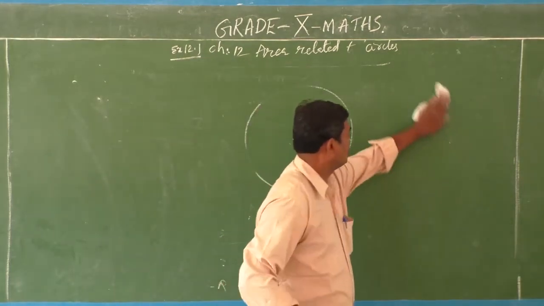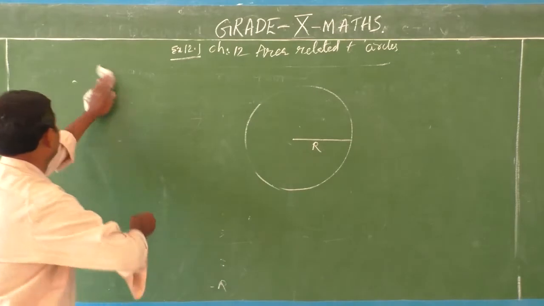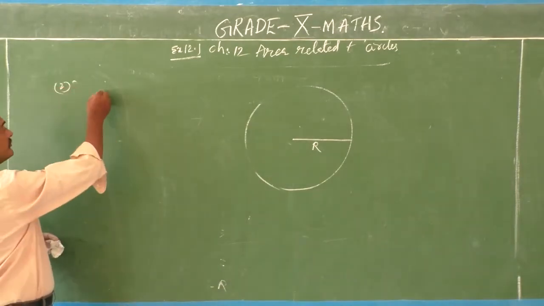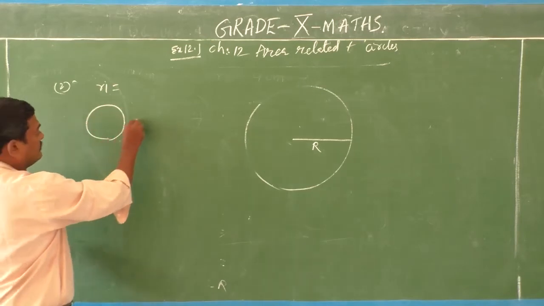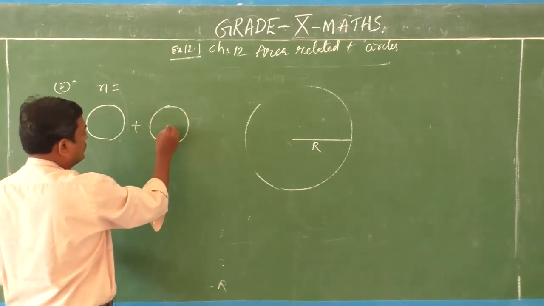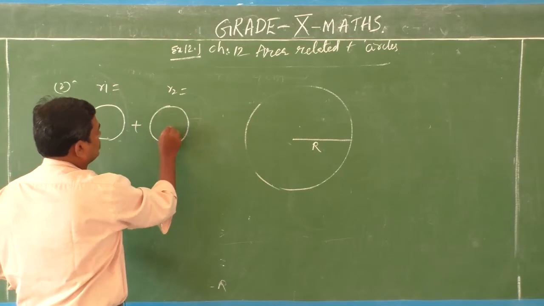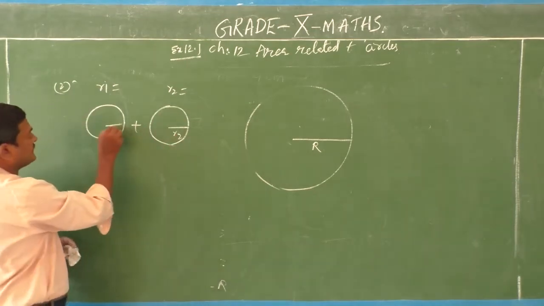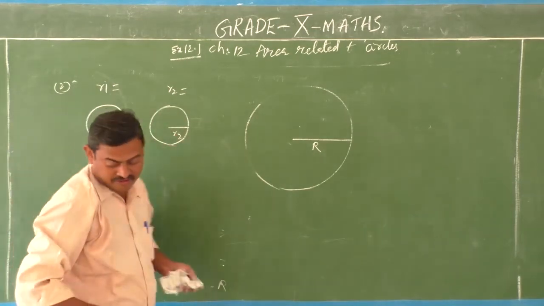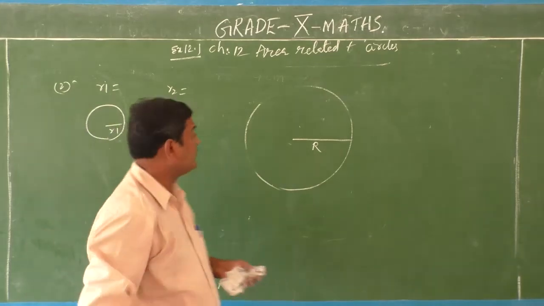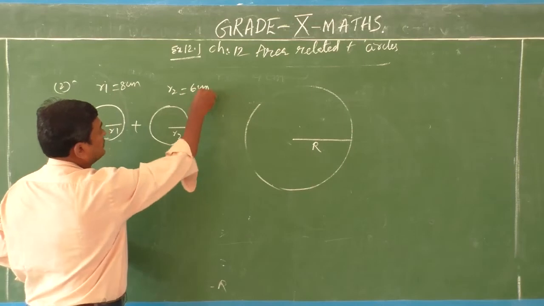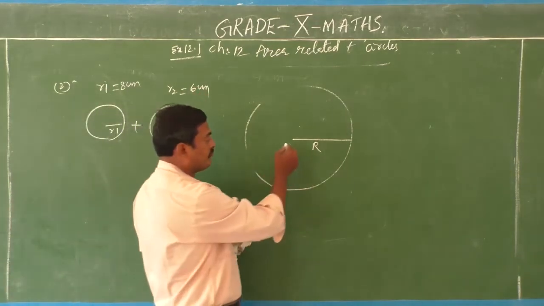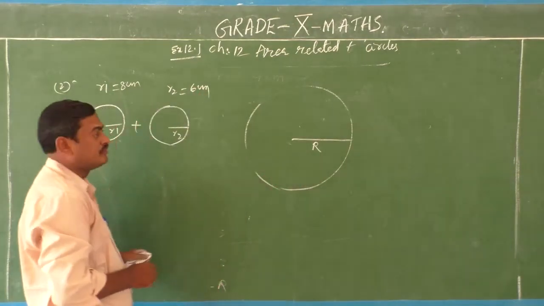So this is R1 and this is R2. R1 equal to 8 centimeter, R2 is 6 centimeter, and we need to find capital R.